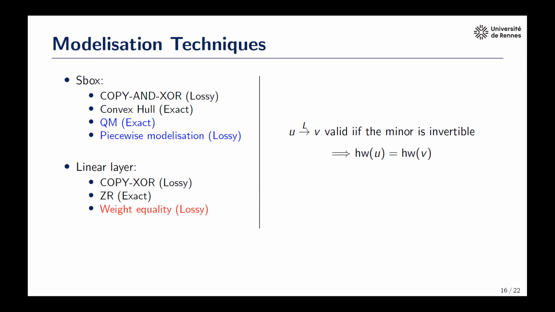The problem is, we introduced some new modelizations, but some of them are exact, so all valid transitions are represented, but some of them are lossy. It means that they allow some transitions that are invalid and which can affect the validity of the model. Okay.